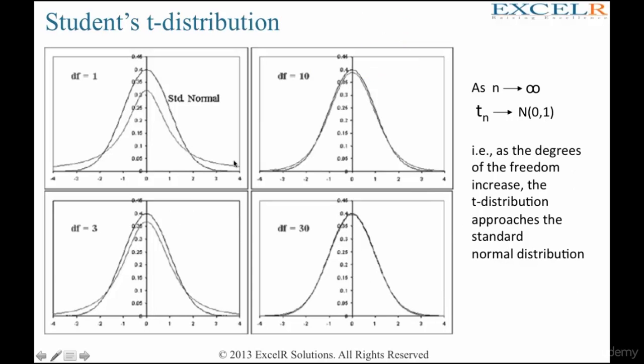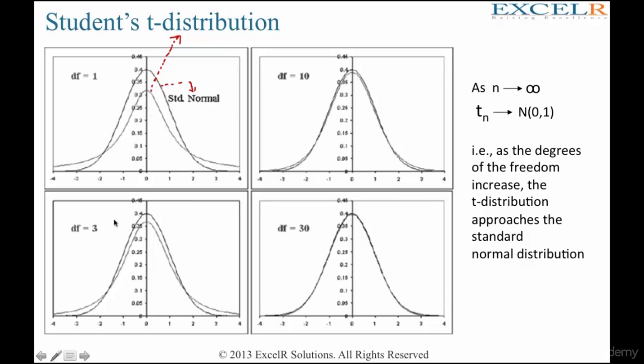That's one thing. All right, look at this. This curve that you see here is of standard normal distribution. And this curve that you see here is t-distribution. This t-distribution is also called student's t-distribution. For degrees of freedom equal to 1, that is sample size of 2, there is a lot of dissimilarity between your standard normal distribution and your t-distribution.